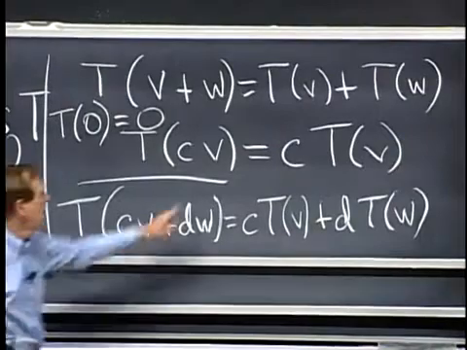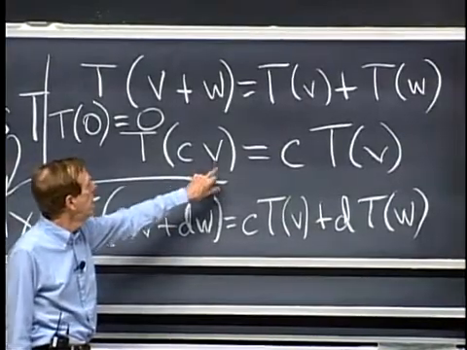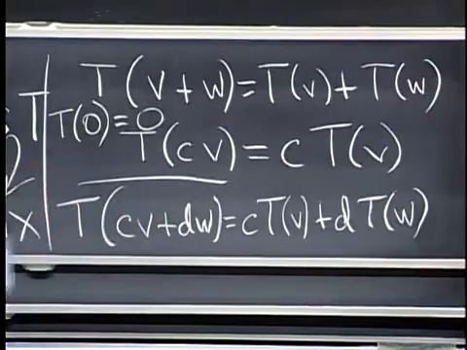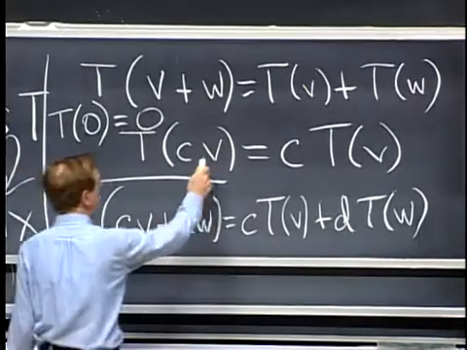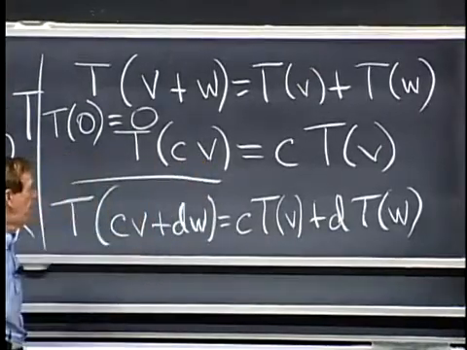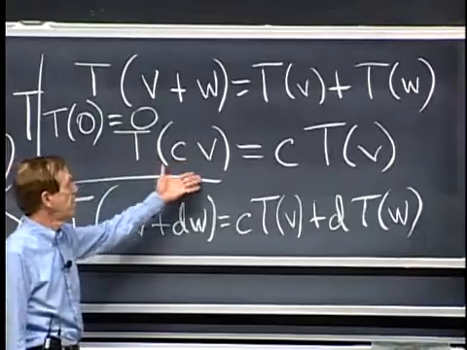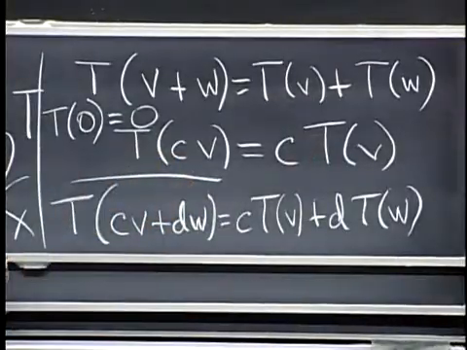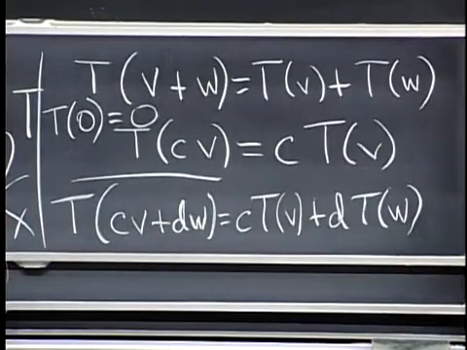Because take any vector v here. Well, so you can see why T of 0 is 0. Take v to be the 0 vector, take c to be 3. Then we'd have T of 0 vector equaling 3 T of 0 vector. The T of 0 has to be 0.